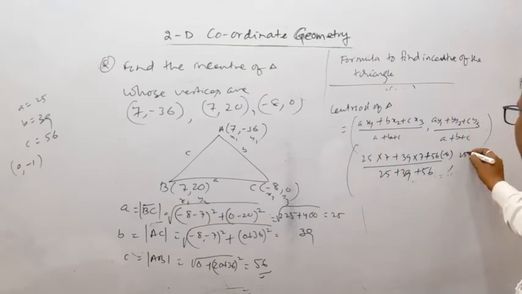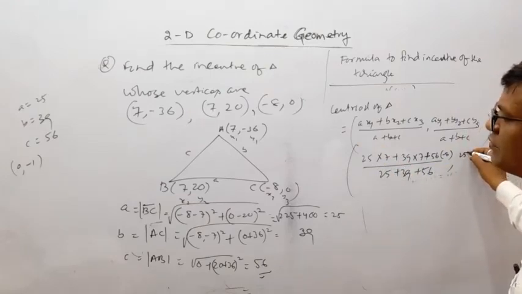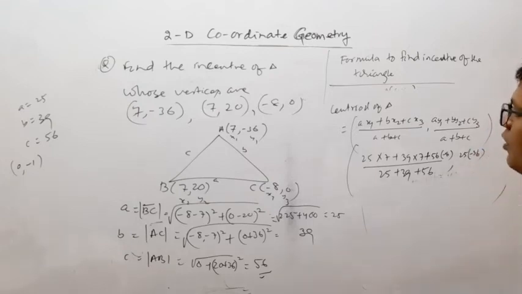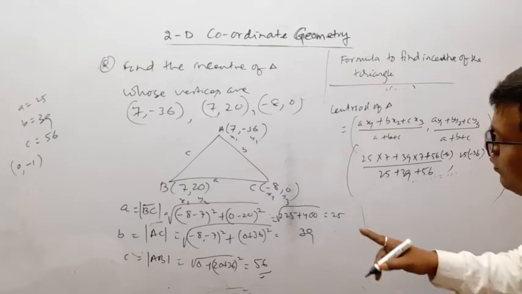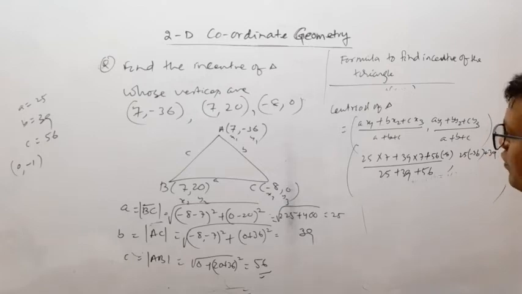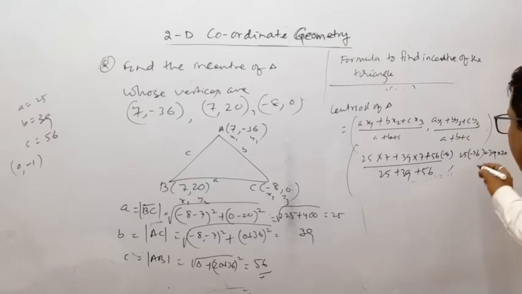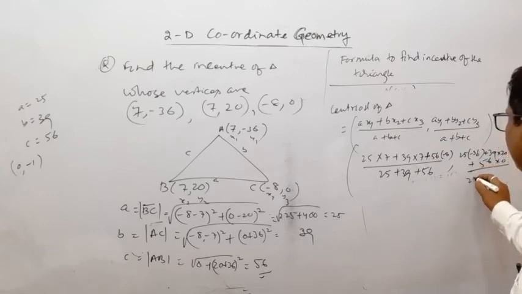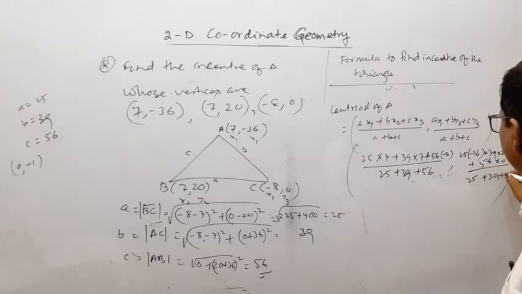Then a into y1, that is 25 into -36, plus b, which is 39, into y2, 39 into 20, plus c, 56 into y3, this is 0, divided by 25 plus 39 plus 56.